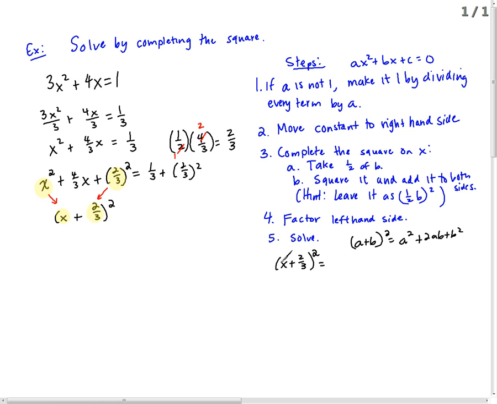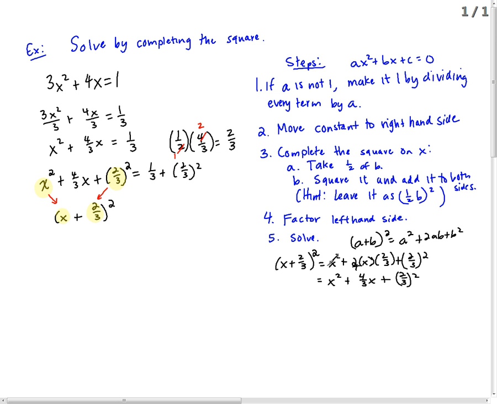So this is x squared plus 2 times x times 2/3 plus the last term squared, 2/3 squared. So this is x squared plus 4/3 x, because I multiply 2 times 2/3. Remember this is 2 over 1 plus 2/3 squared.